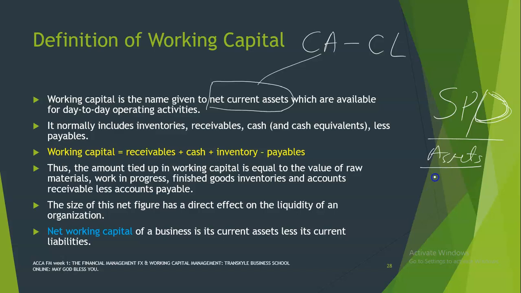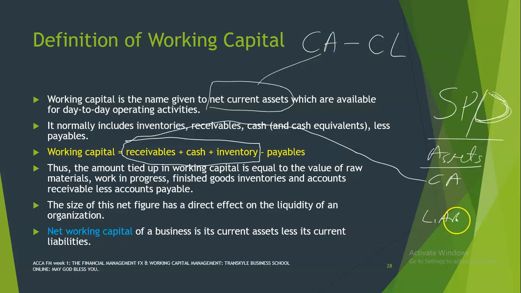Under the assets, we have the current assets, and these give us the receivables, the cash, the inventory. And under the liabilities section, we have the current liabilities, not the non-current liabilities. It is in these current liabilities that we have what are called payables.